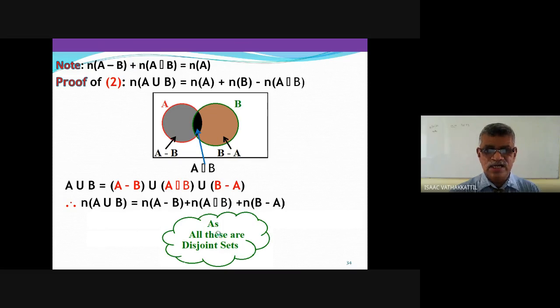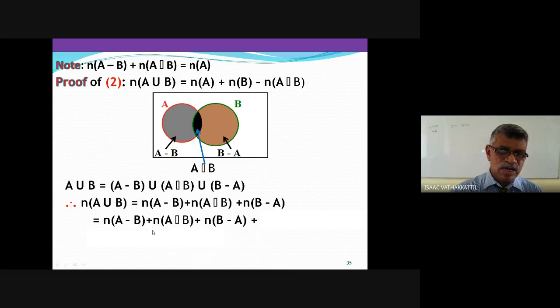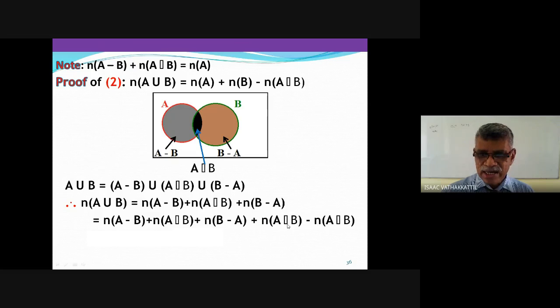Because all these are disjoint sets. So that is equal to number of A minus B plus number of B minus A plus number of A intersection B. I am just adding and subtracting which one? Number of A intersection B.